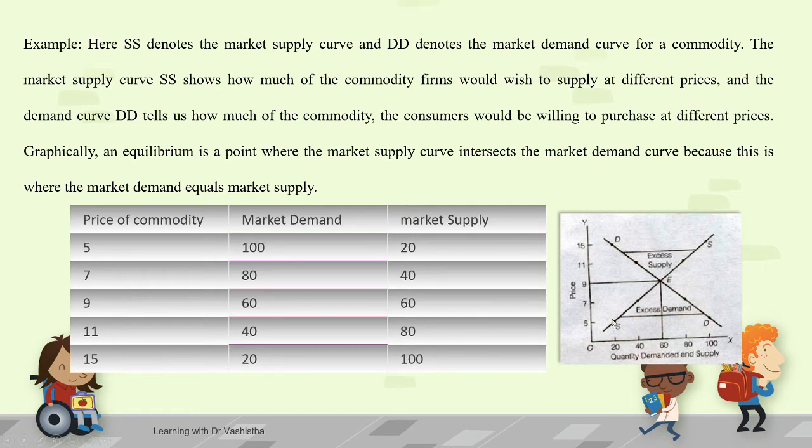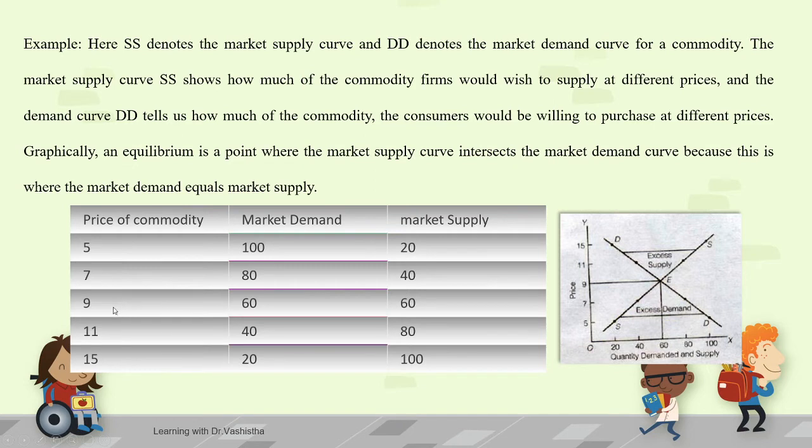Now if we want to express this whole figure in tabular form as a schedule, you can see the price of the commodity has been taken in the first column, with market demand in the second column and market supply in the third column. So when the price of the commodity is 5, suppose here the market demand is 100 and the market supply is 20. Whereas at the next point, suppose it's 7, market demand is 80 and market supply is 40.